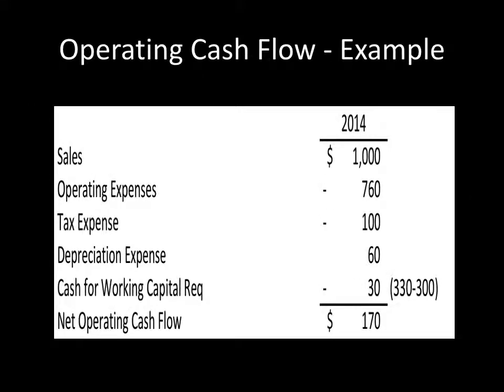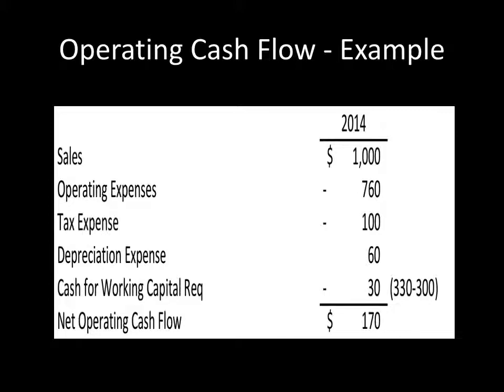If we look at the example of the craft beer company and tie in their income statement and balance sheet, we'll see that, okay, sales, operating expenses, subtracting out all those items, adding back depreciation, and subtracting working capital, we actually created operating cash flow of $170,000.